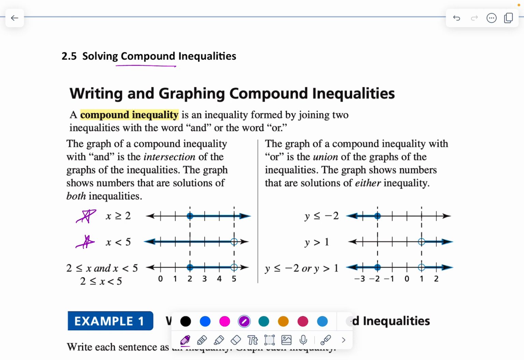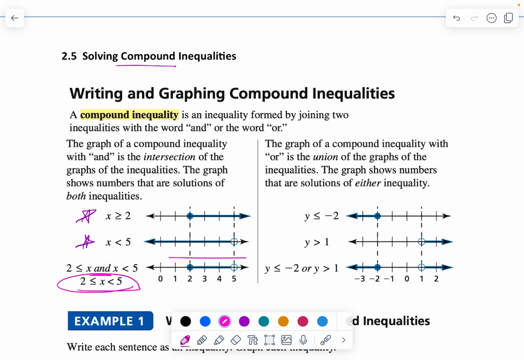And this is key: if x is greater than or equal to 2 and less than 5, we can write it all together like this. You notice how x is sandwiched in between the 2 and the 5. It's greater than or equal to 2, if we read it backwards, and it's also less than 5.